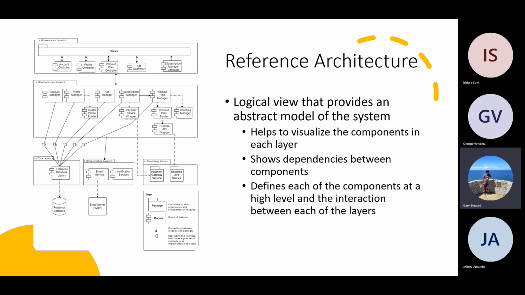And then we also have our business logic layer, and here we have a series of components connected with interfaces that communicate with the database, as well as with our infrastructure, being our email service, notification service, and our third-party APIs. This view helps to visualize components at each layer. It shows us the dependencies between those components, and it also defines each component at a high level and the interaction of each of those components.